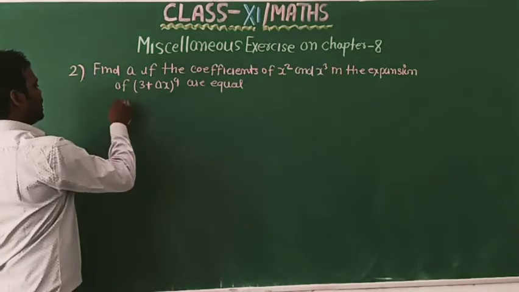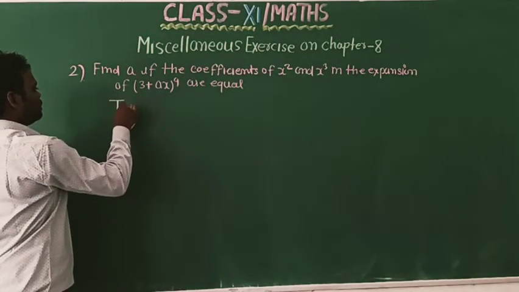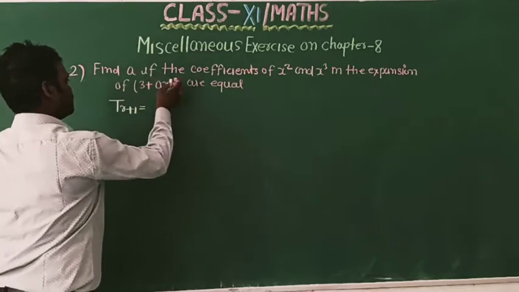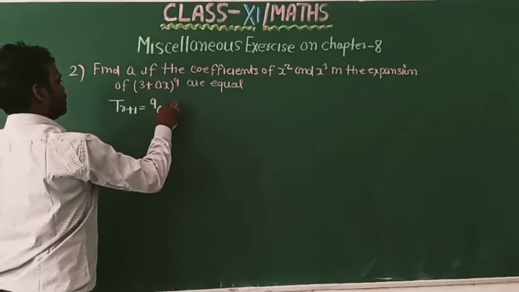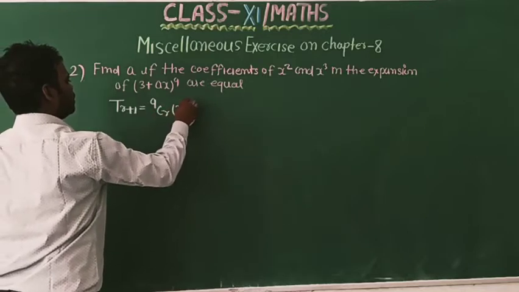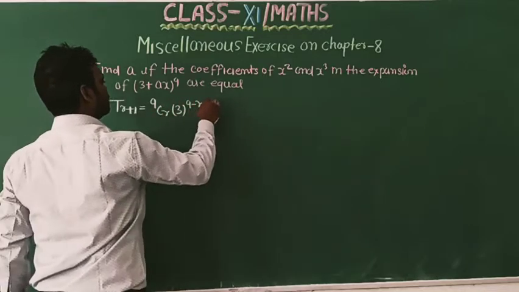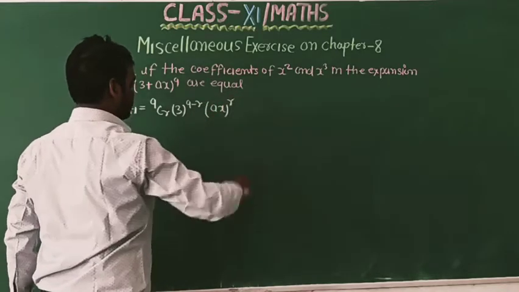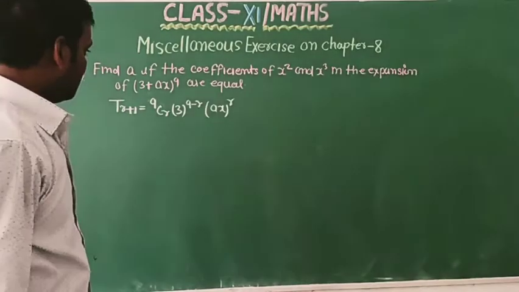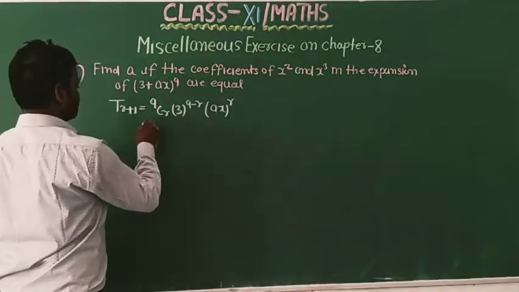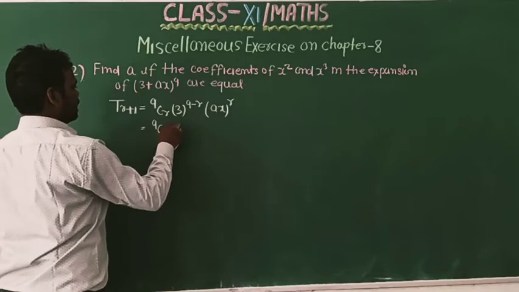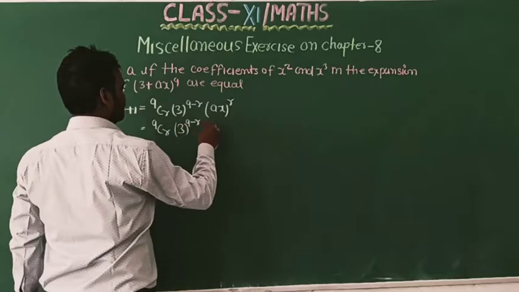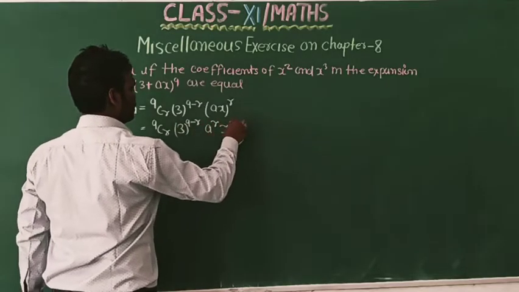This is given by T r plus 1 equal to 9 C r, 3 to the power 9 minus r, and ax to the power r. So this is 9Cr, 3 to the power 9 minus r, a to the power r, x to the power r.